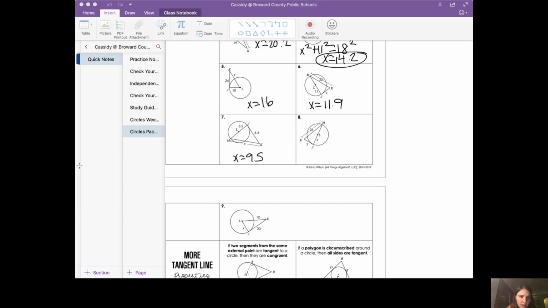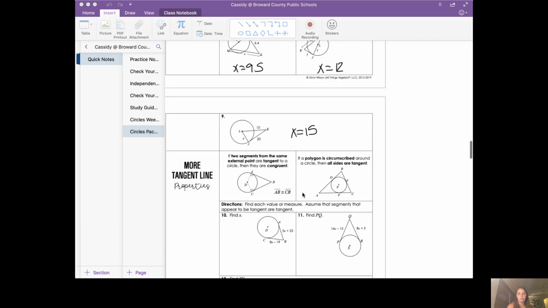And number 8, you should have gotten x equals 12. And number 9, you should have gotten x equals 15. Hopefully you got those right. If you didn't, no big deal. Shoot me a text and I will help you out.